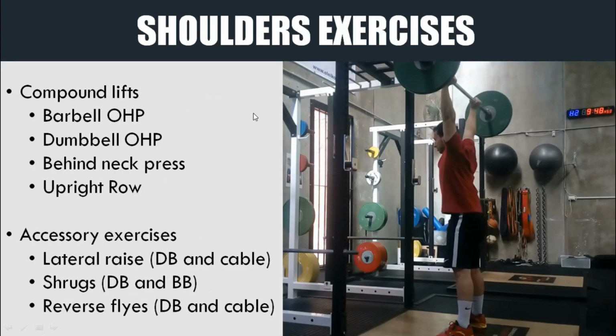So what exercises are going to involve the shoulder muscles and help us grow? The compound lifts are going to be the best as usual. So things like barbell overhead press, dumbbell overhead press, behind the neck press, and upright row. All these exercises are going to use pretty much all of those shoulder muscles.